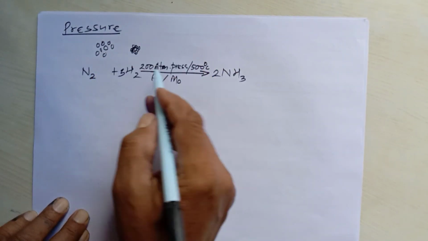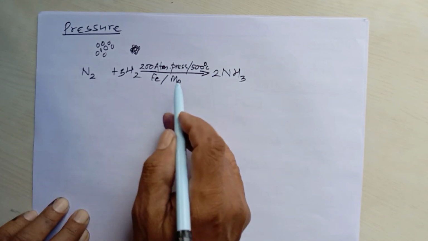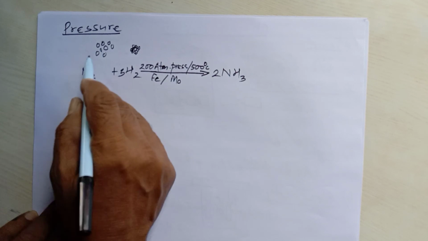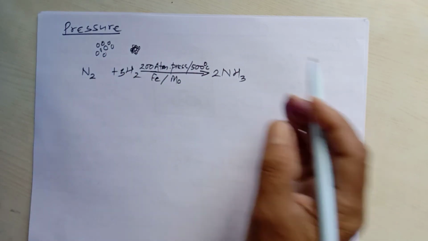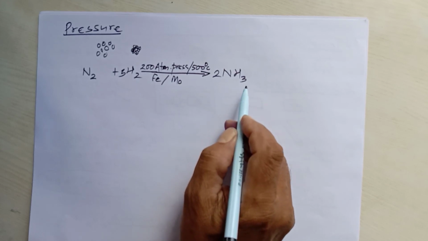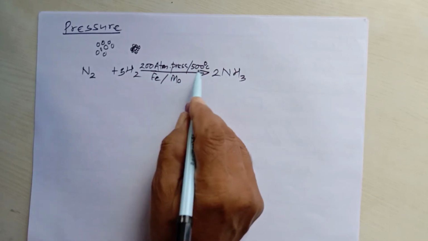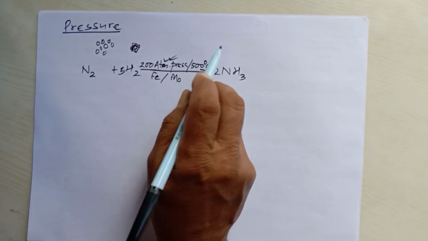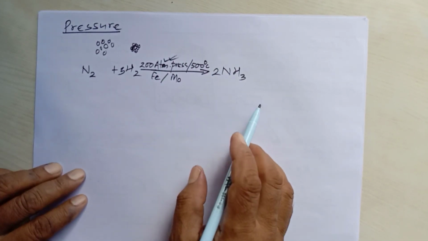We are talking only about the pressure. This reaction takes place at high pressure, which brings the atoms and molecules very close to each other, and they combine with each other to form ammonia. Besides pressure, there is another factor also, but we are highlighting pressure.